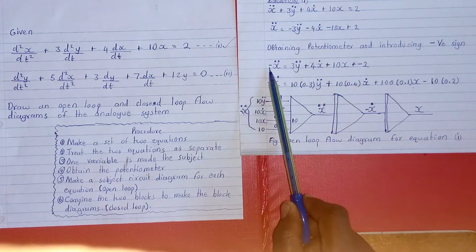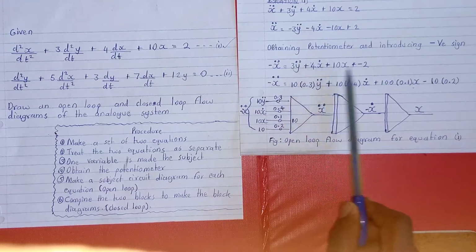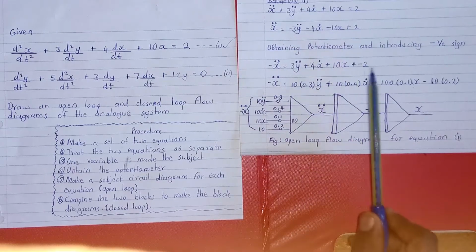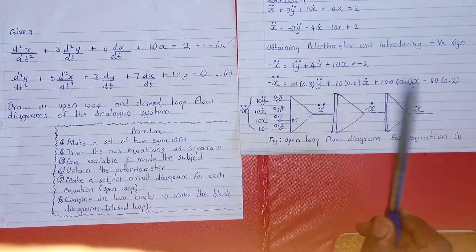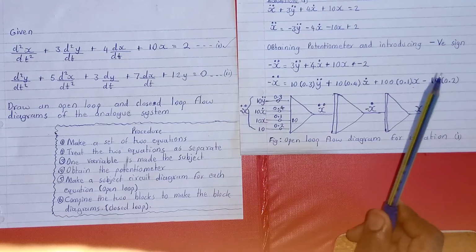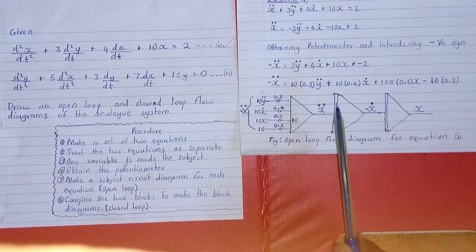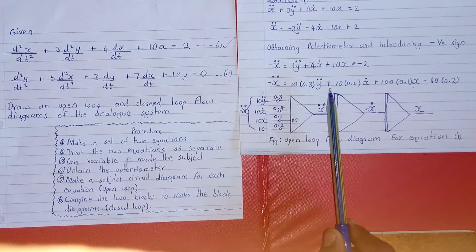By introducing a negative sign, everything here will change. If it was a negative, it will change to a positive, and if it was a positive, it will change into a negative. Then something important to note: for a potentiometer, we deal with a gain that does not exceed unity, that is, less than unity.